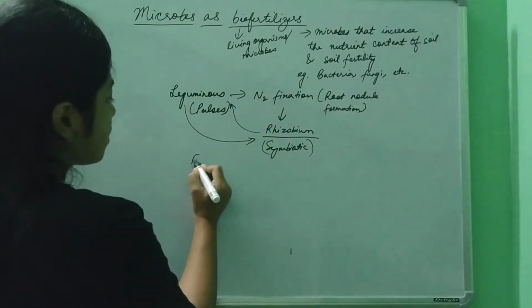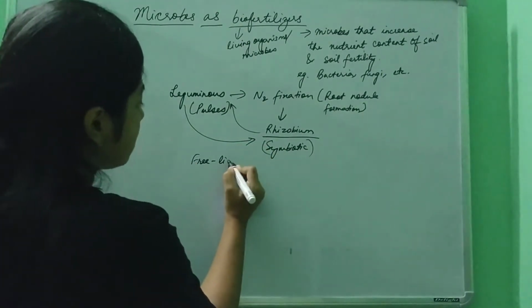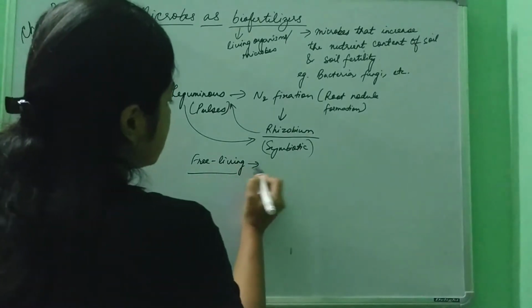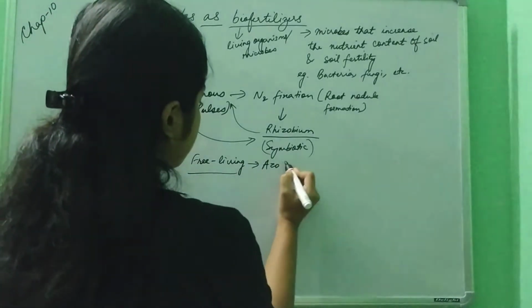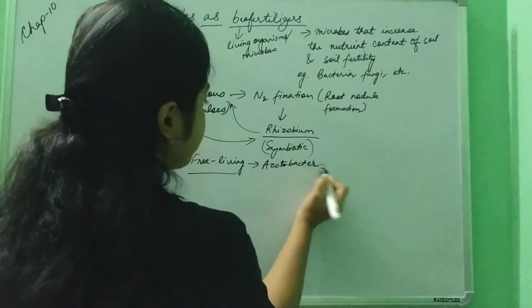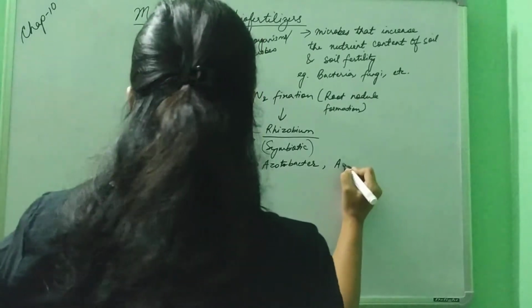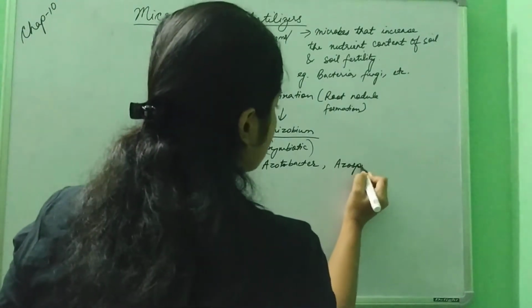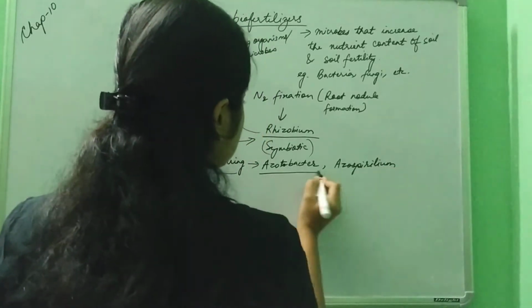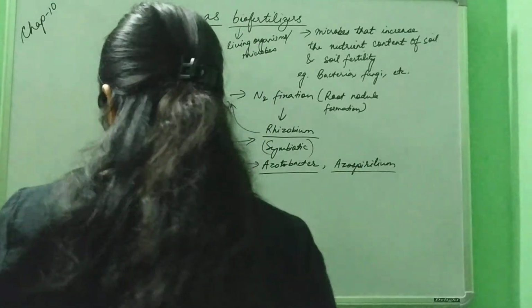So you have to know examples of free living microbes also. As free living, one is Azotobacter. Another one is Azospirillum. One is Azotobacter, another one is Azospirillum.